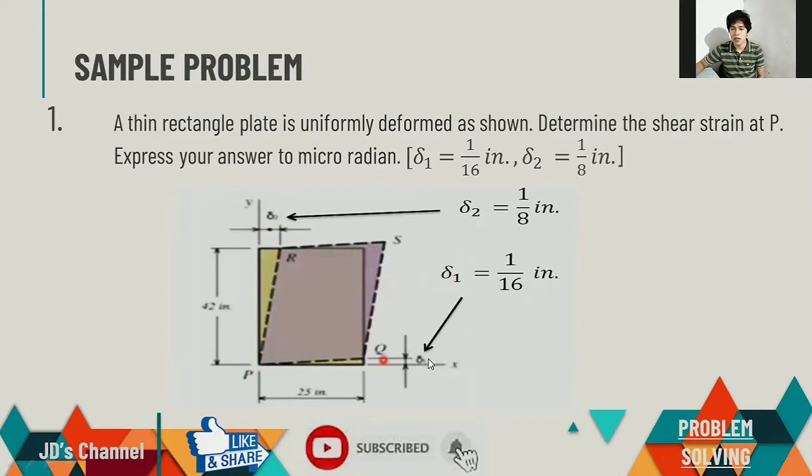As you can see, we have two shear strains here, so we will use gamma sub 1 plus gamma sub 2, since there are only two, at point P, which is what is asked.